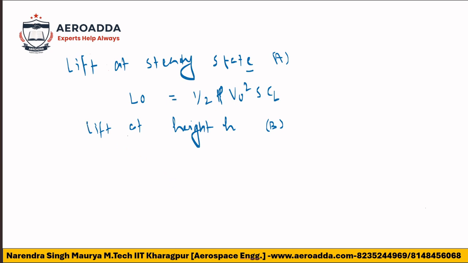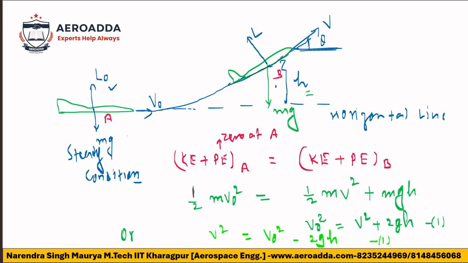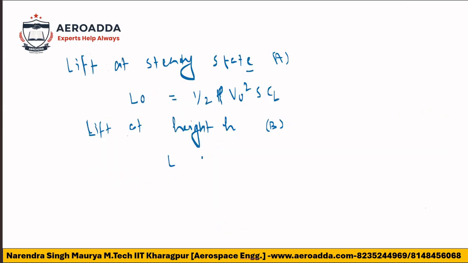So what will be the lift? Now see, the lift is nothing but L here. At point B you can write L is equal to 1 by 2 rho V square S into CL, equations 2 and 3.